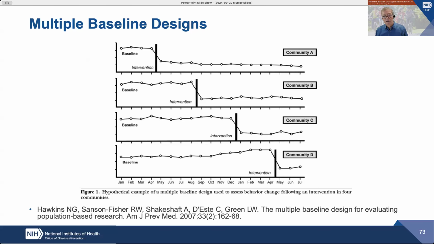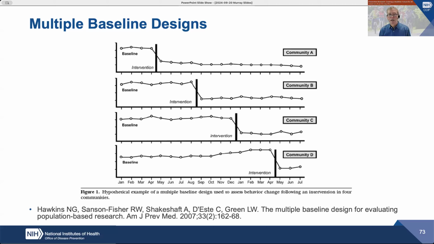So this is a pretend example, a hypothetical example. This is from a paper by Hawkins et al. 2007. They were arguing for the multiple baseline design. And this is 4 communities. We've collected data every month for at least 4 months in community A before we introduce the intervention, and we keep collecting data for many months after the intervention is in place.